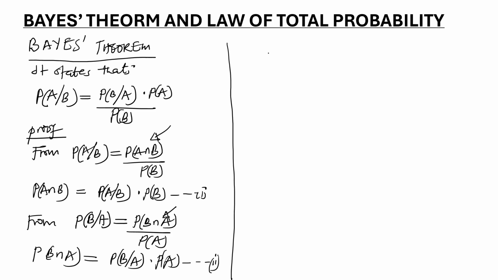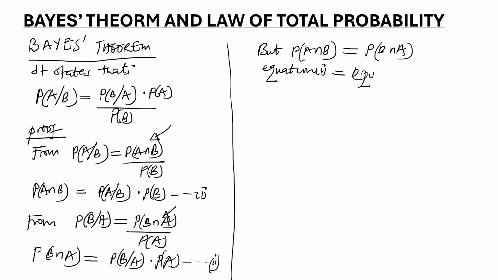Now we know that the probability of A intersection B is always the same as the probability of B intersection A. So that means equation 1 will be equal to equation 2.